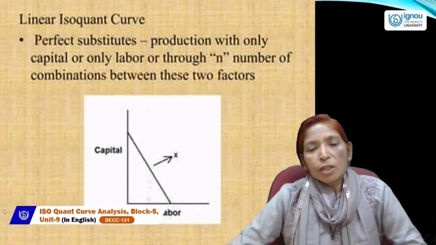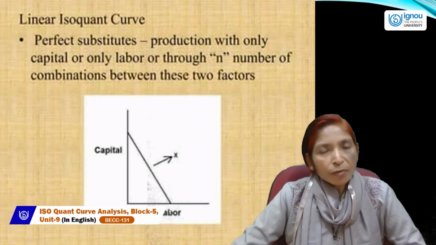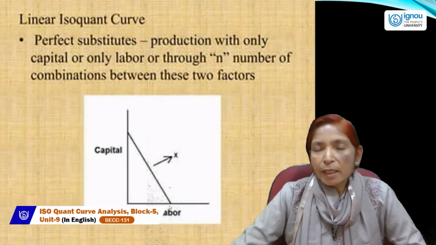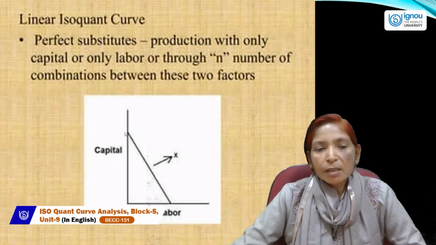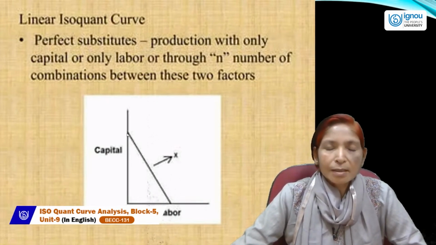Because if we are using the whole amount of labor for the production of goods and services, then this line will touch the x-axis. And if we use all units of capital, here the units of labor is 0, because both factors can be easily substituted. In that case, this curve will touch the y-axis.